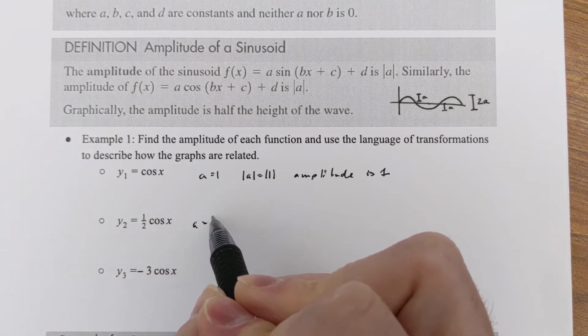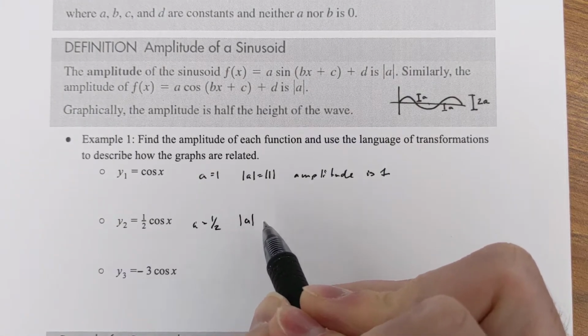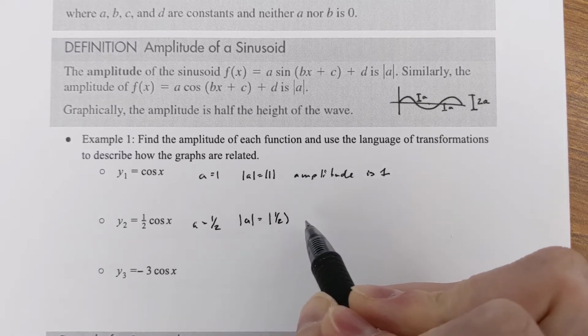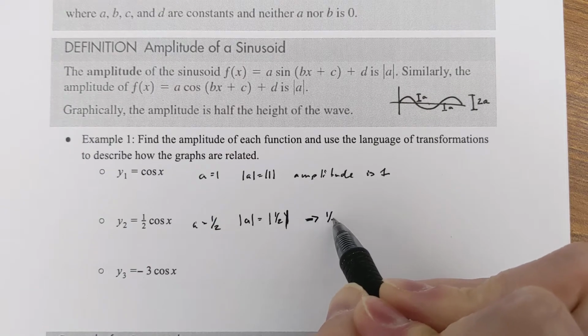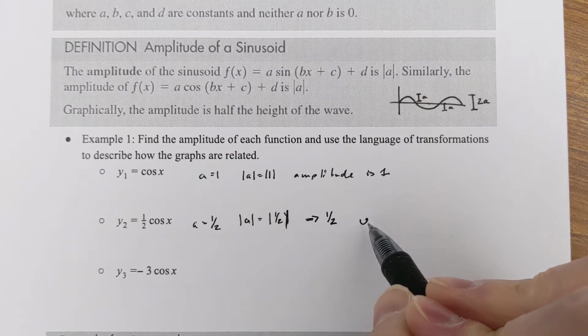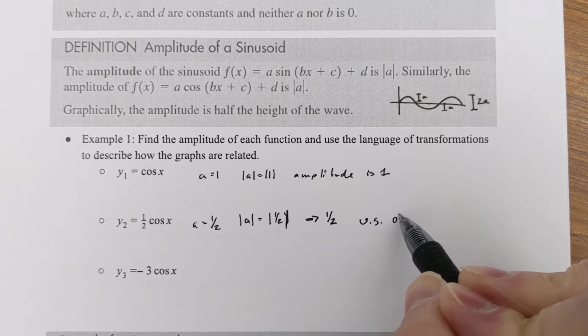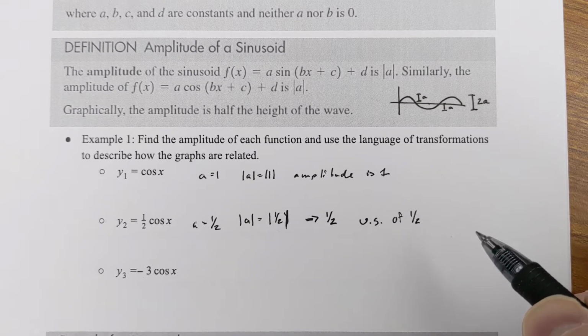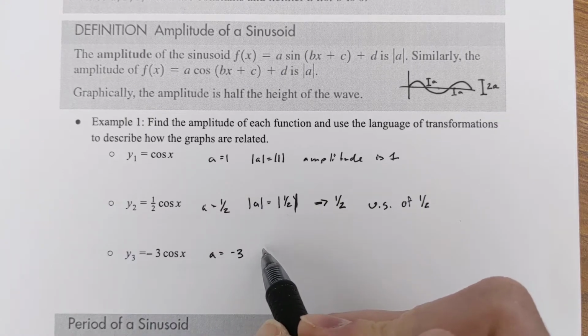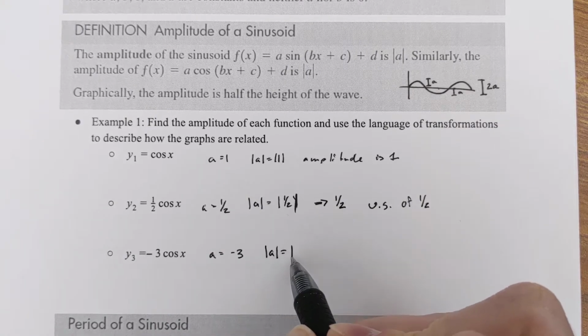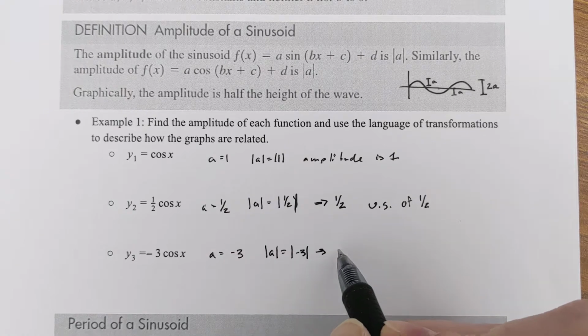For this one, a is 1/2, so the absolute value of a is the absolute value of 1/2. So your amplitude is just 1/2. So this graph would be a vertical stretch of 1/2, or compression. Here, the a value is -3, so the absolute value of a is equal to the absolute value of -3, so my amplitude is just 3.